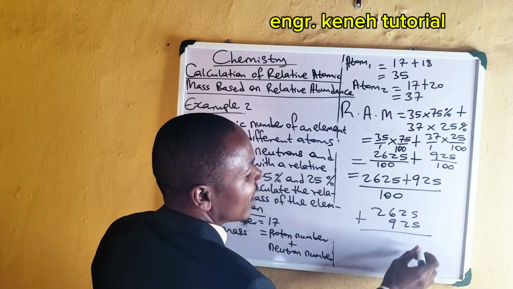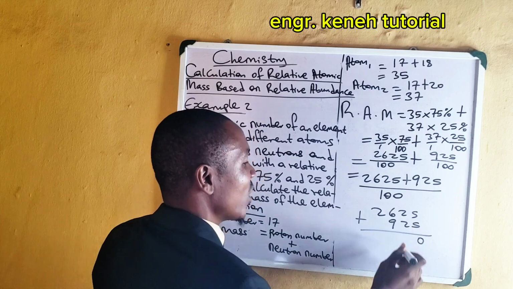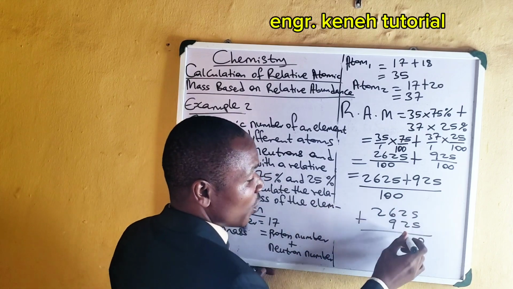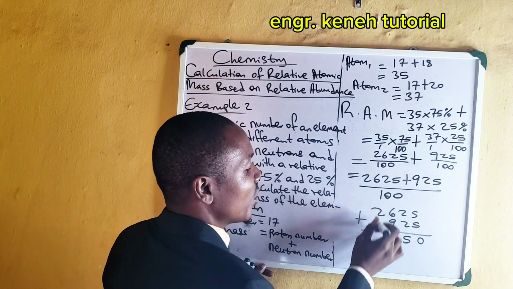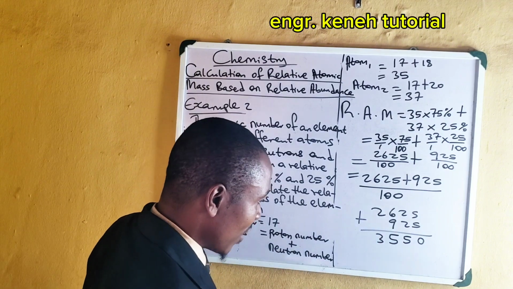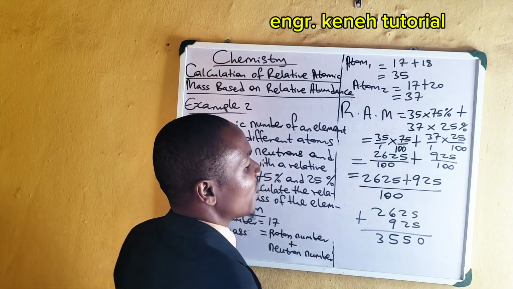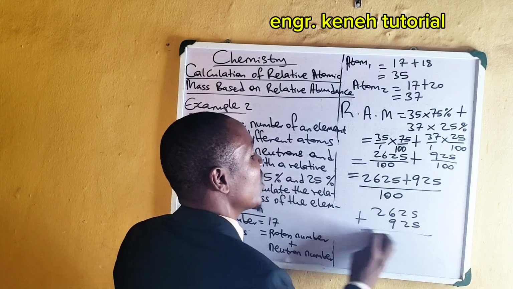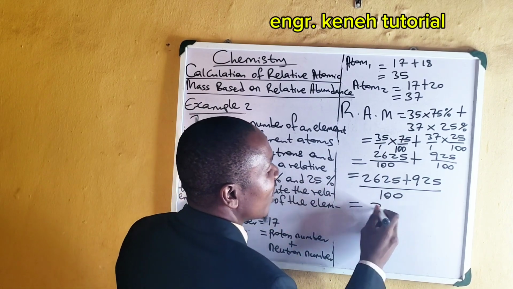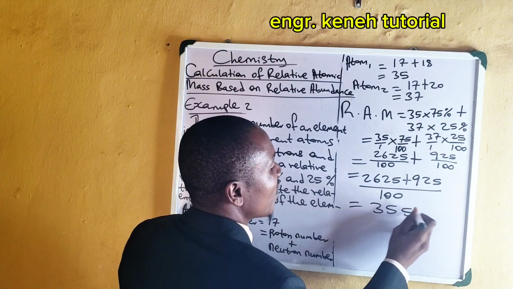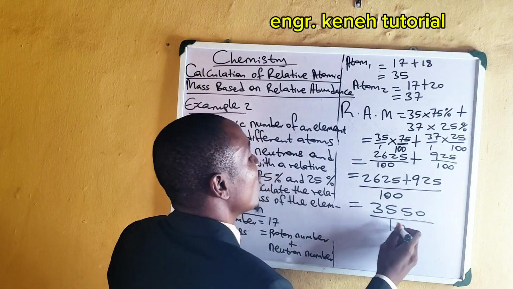When you add this, 5 plus 5 will give us 10. Write 0, carry 1. Put here, you have 5. This plus this will give me 15. Write 5, carry 1. Put here, you have this. So I will have 3,550. So that means that when I add this together, I'll get 3,550, everything all over 100.